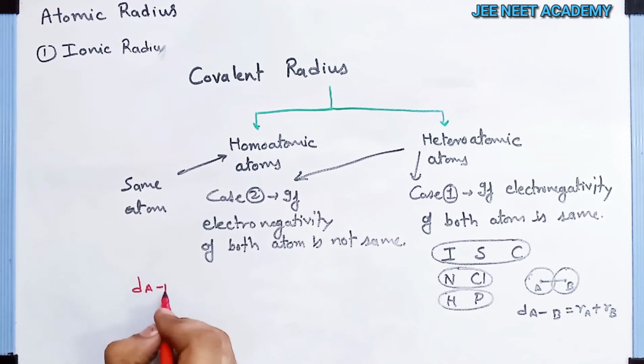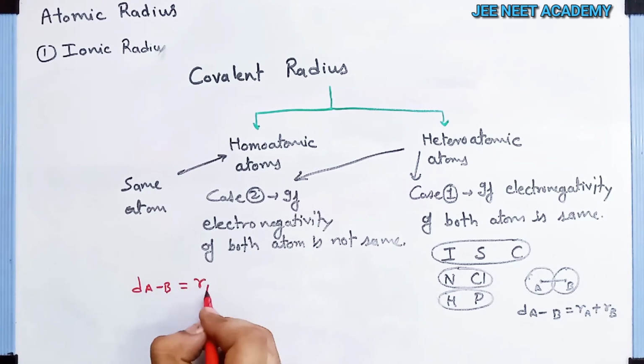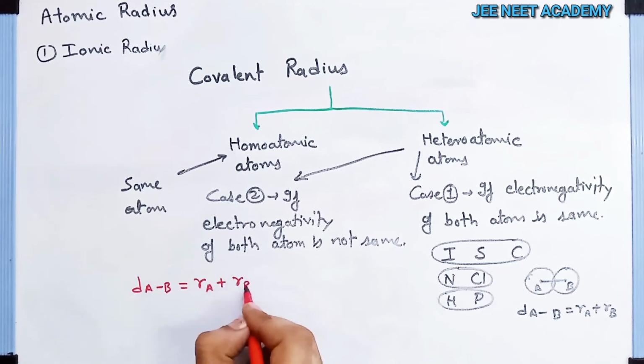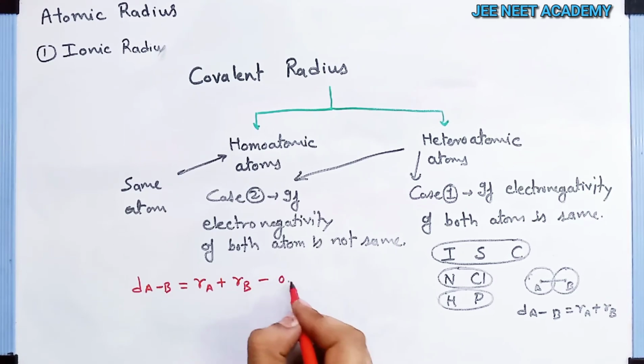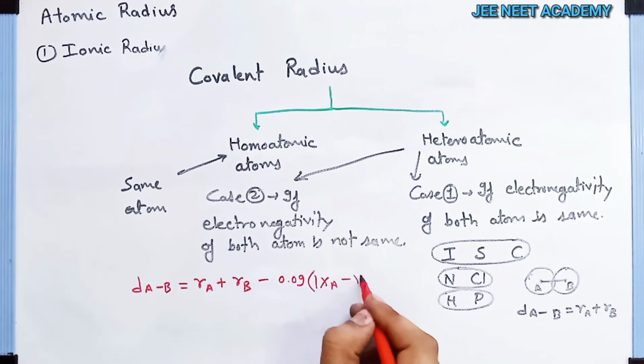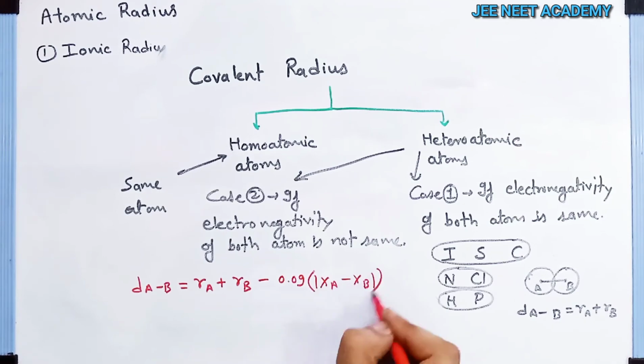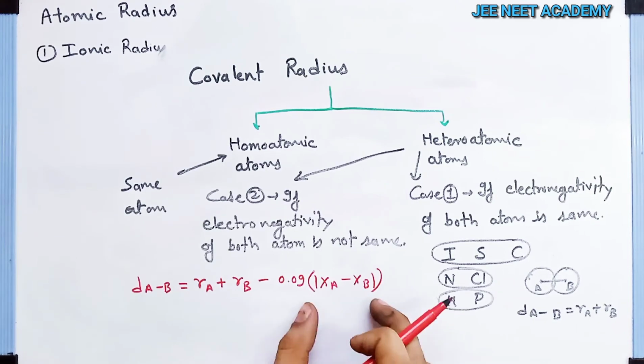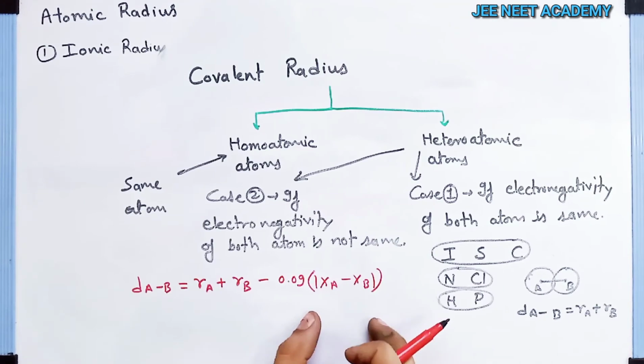DAB is equal to RA plus RB minus 0.09 times modulus of XA minus XB. XA and XB are the electronegativities: electronegativity of the first atom minus electronegativity of the second atom, the modulus of that difference. We multiply it by 0.09 and subtract it from RA plus RB.